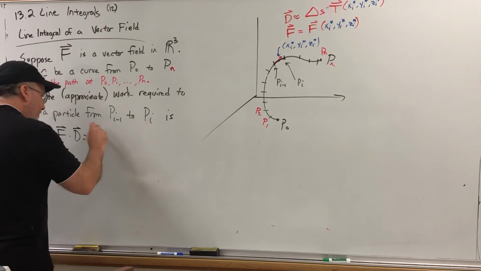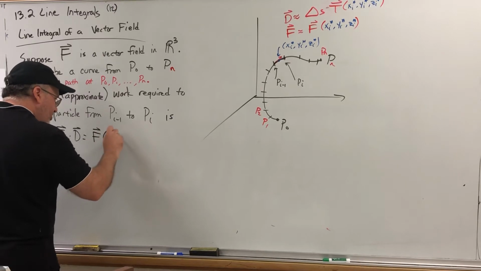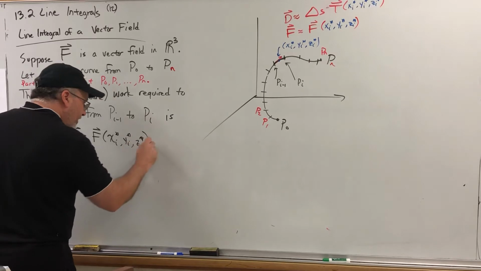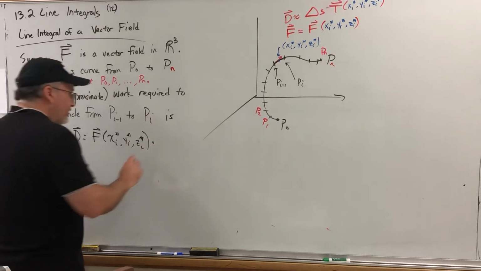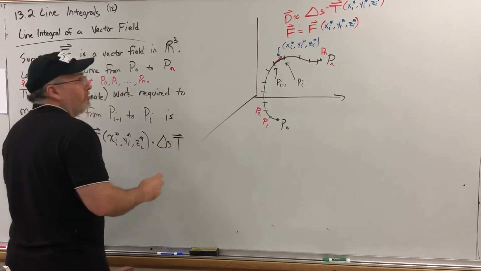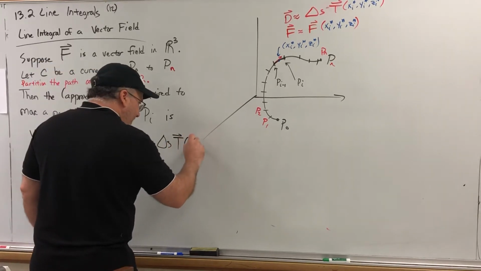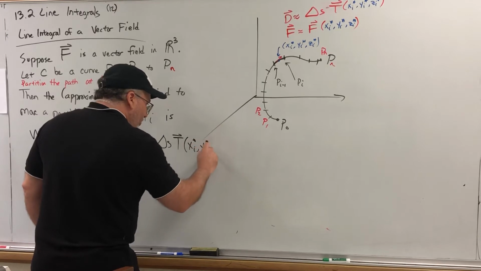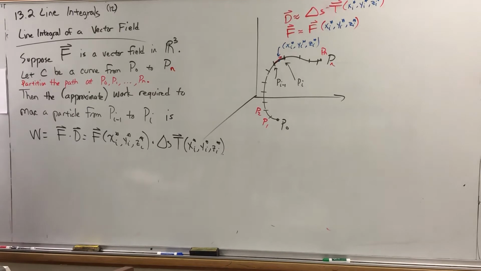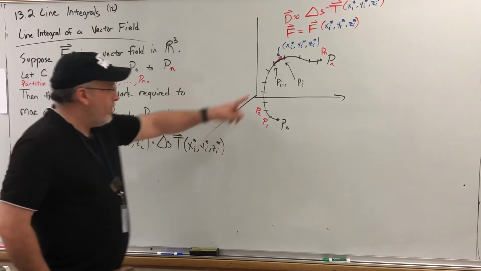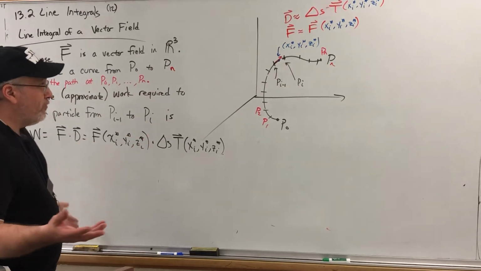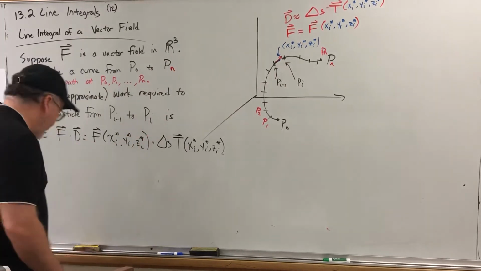So the vector field evaluated at xi star, yi star, zi star, dot delta s times the unit tangent vector evaluated at xi star, yi star, zi star. All right, so we cut into little bitty pieces, find what we want for one of them, in this case the work. Then we add them all up to find the approximate work for the total thing, and then we take a limit.